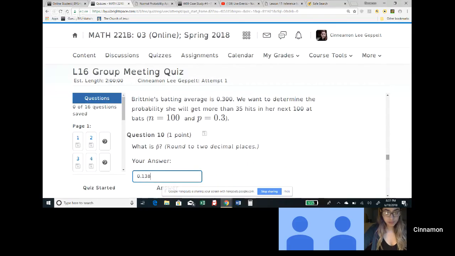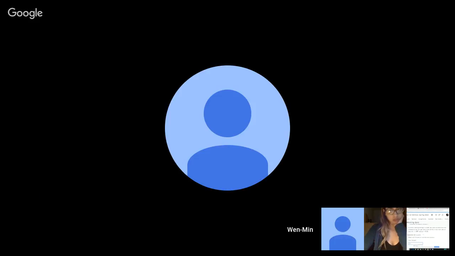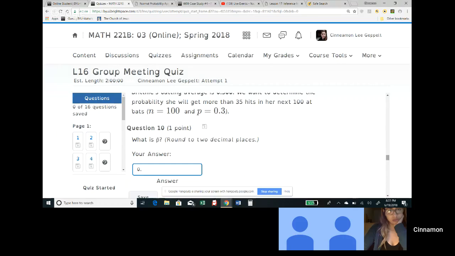So on number 10, round it to 2 decimals. So you rounded it to 0.14. Okay, I can live with that.